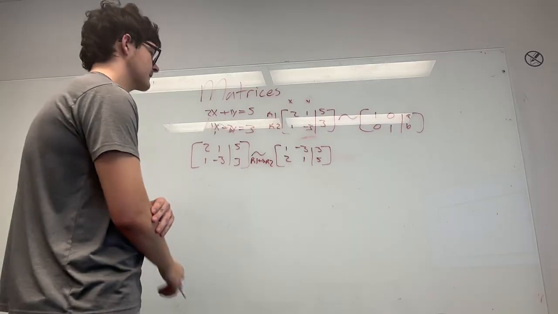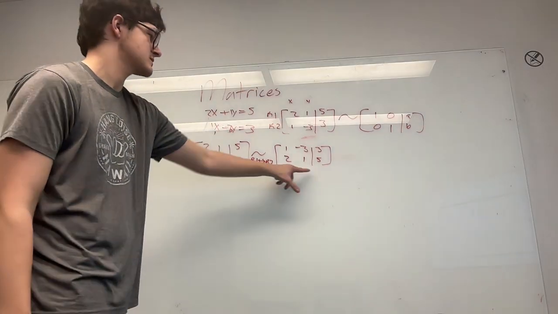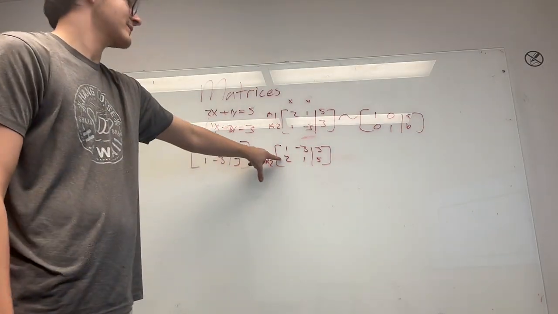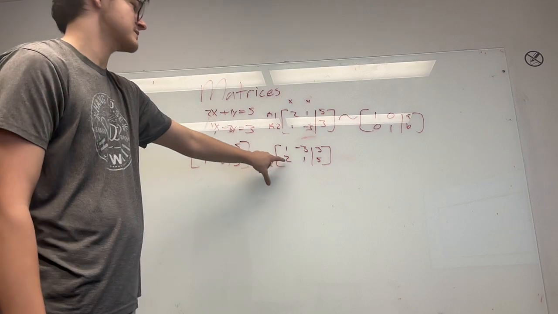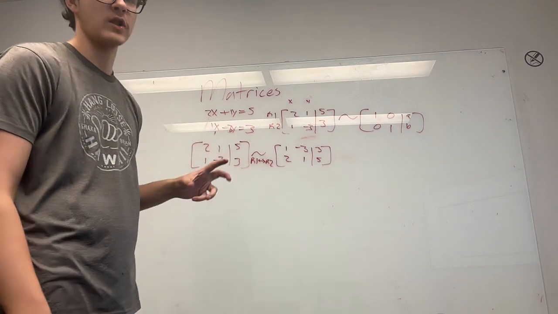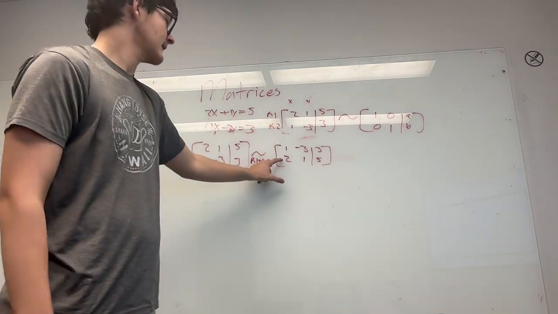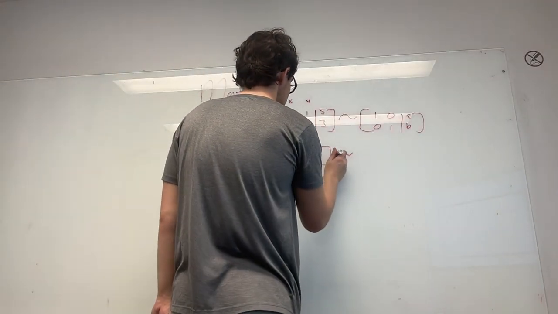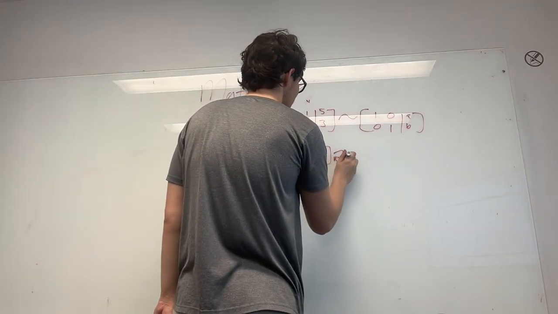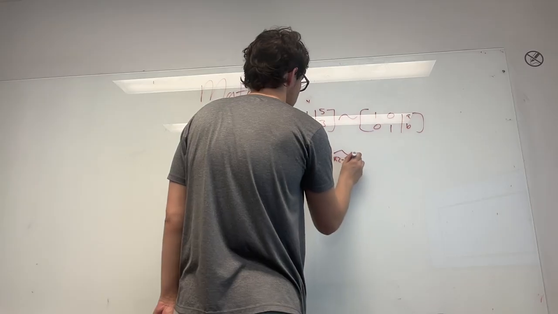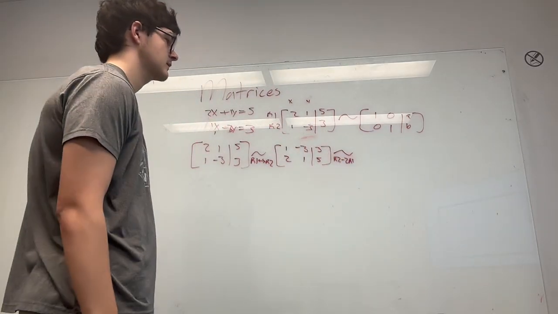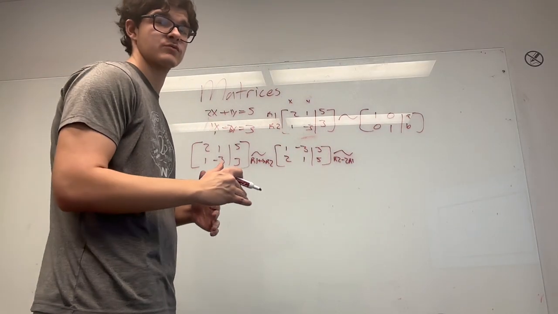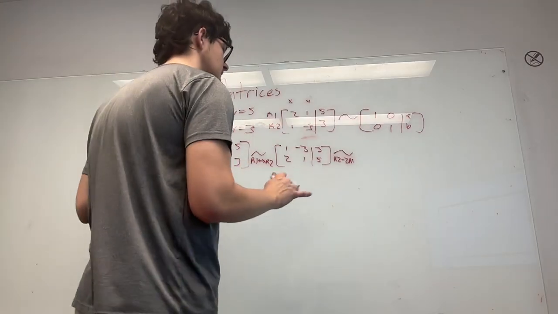And now we have this. Well, now I know I want this to be a 0. I have a 1 right here, so using my knowledge of row reduction, I can get this down to a 0. All I have to do is say R2 minus 2 times R1, because we can add and subtract rows and multiples of them.